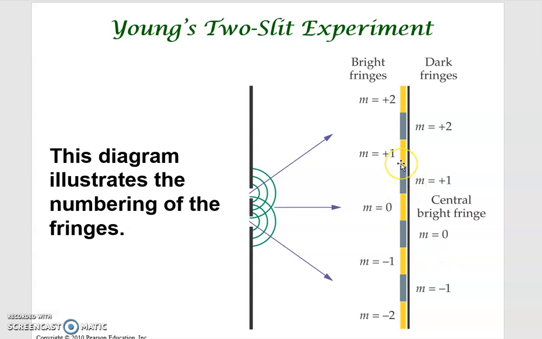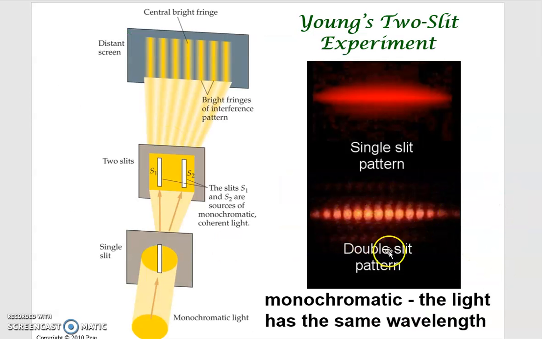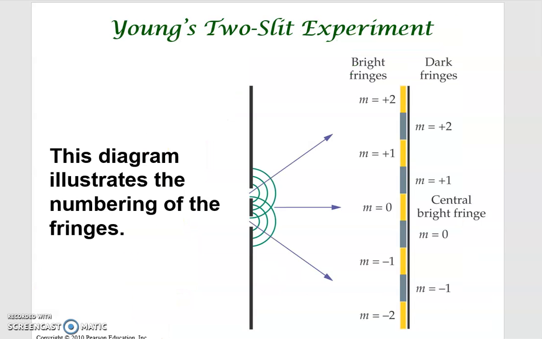You are going to find the second bright fringe, the third one, and you can go upward and downward. The pattern should be symmetric as long as the setup is also symmetric. Now you can compare these figures with the result you observe from the experiment. The notation here gives you very important information. For the bright fringe, this is 0, at the center. But for m equal to positive 1 or 0, actually they are symmetric. Okay?